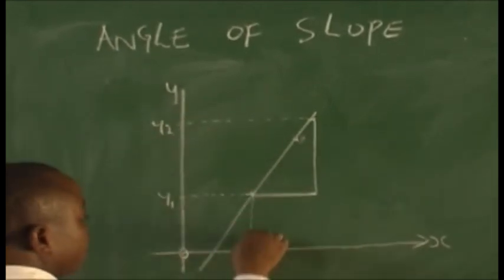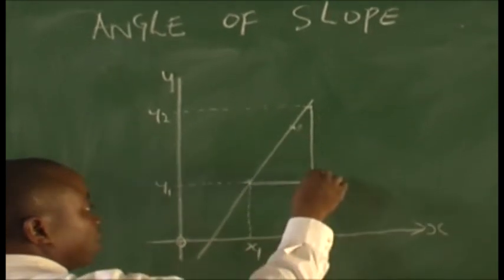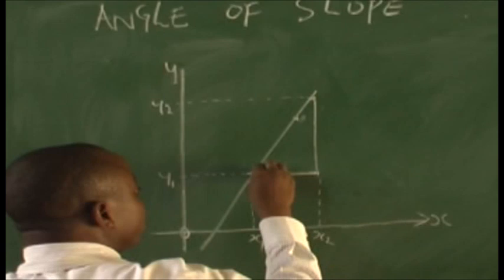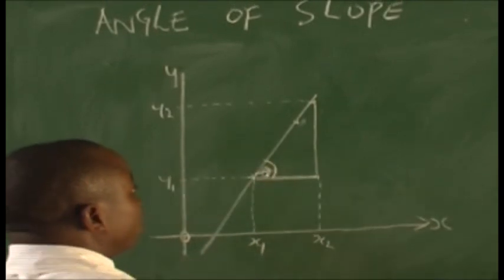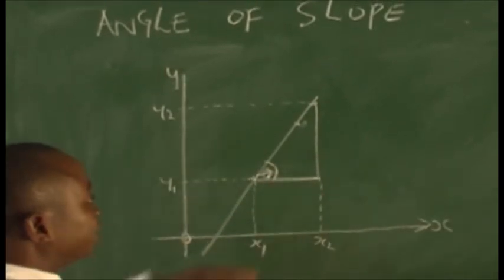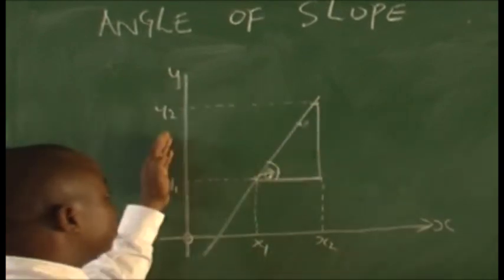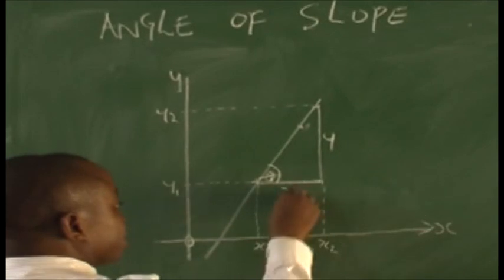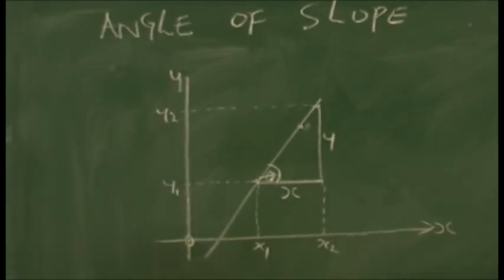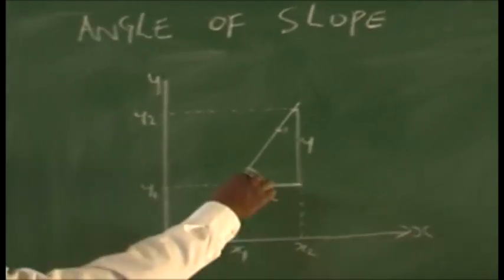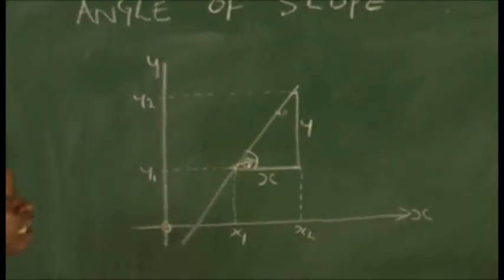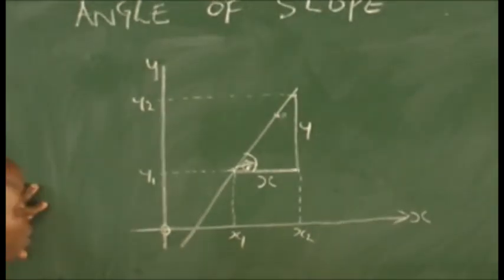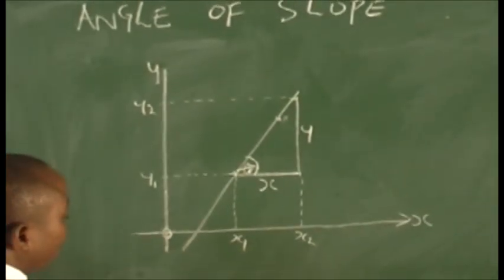Same thing happens here when we have x1, and this one is x2. But there is angle here, and we should not forget that this line here is the same thing with y-axis, so we can denote here by y, and this one is x. So what do we observe? We are considering this angle theta.